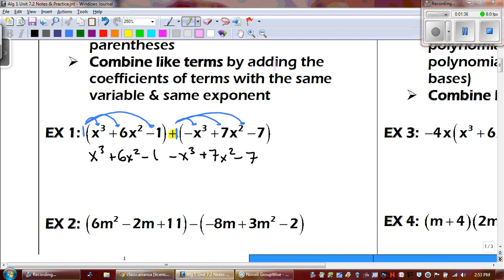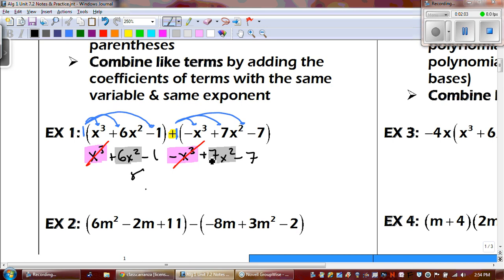First thing we're looking for are variables with the same exponent. So x cubed and negative x cubed, those cancel out. Then 6x squared and 7x squared. Remember, we add the coefficients. So 7 plus 6 is 13.